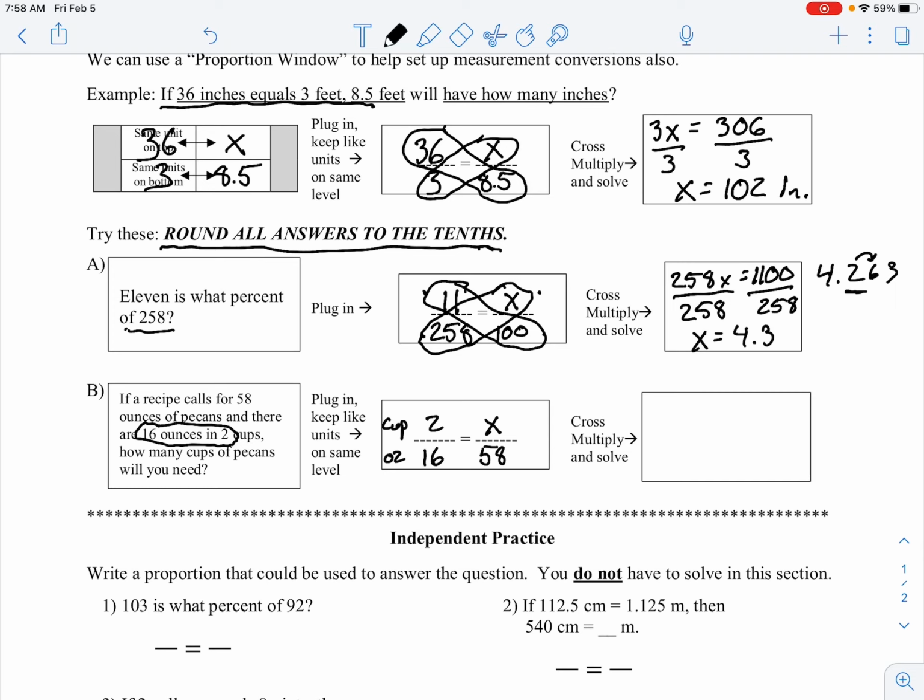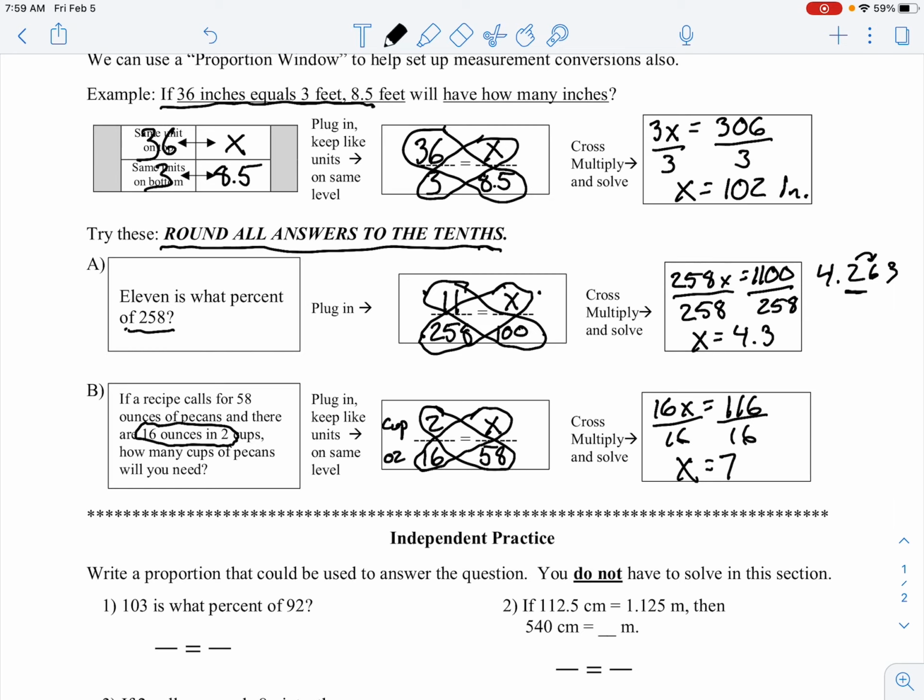So cups on top, ounces on the bottom. And once again, we are going to use our butterfly method here. So 16 times x is going to equal 2 times 58, which is 116. Divide by 16, divide by 16, and we get x equals 116 divided by 16, which is going to give us 7.25.